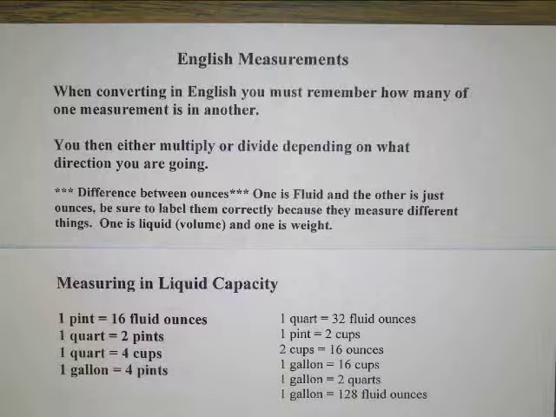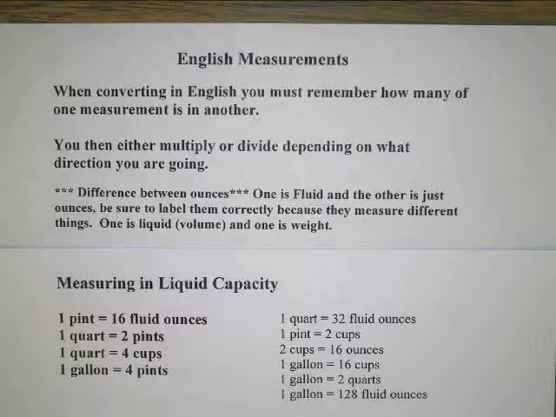So our measurement goes ounces, pints, cups, quarts, gallons. And then we also have 1 quart equals 32 fluid ounces, 1 pint equals 2 cups, 2 cups equals 16 ounces. Yeah, that one's wrong.